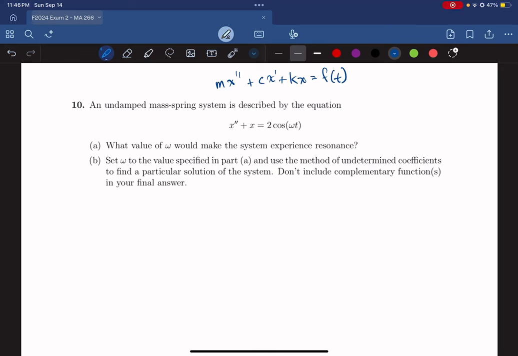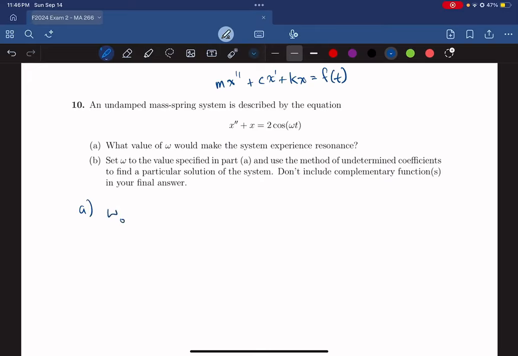And in this case, as you can see, c is going to be 0, which is why our system is undamped, because c is the damping constant, and it's 0, which means that m is 1 and k is 1.